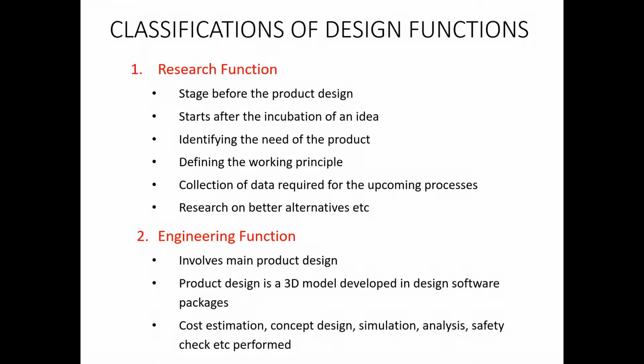When we proceed from the preliminary sketch to the detailed design, we bring in all the engineering aspects, such as the different dimensional parameters, safety analysis, simulations, etc. All these are done during the detailed design phase.